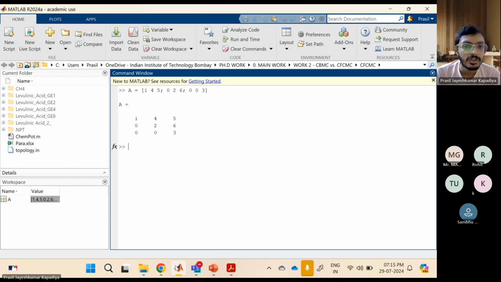So what was your question? How can it be identified? If we have a 3 by 3 matrix, how do we identify the upper triangular and lower triangular matrix?